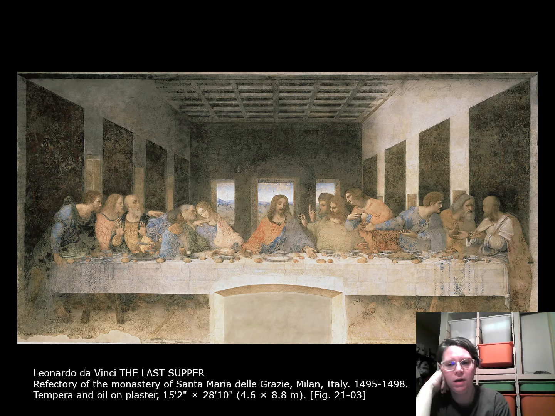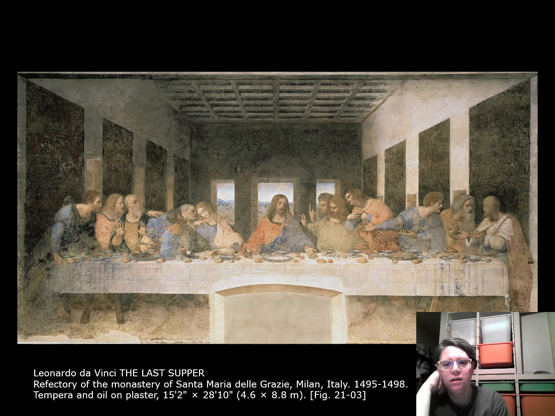Da Vinci's main goal here was to convey the inner intention of the man's soul. He felt like by creating characters that were highly emotional and showed great gesture, he was giving the viewer an insight into the character's emotional and mental state.